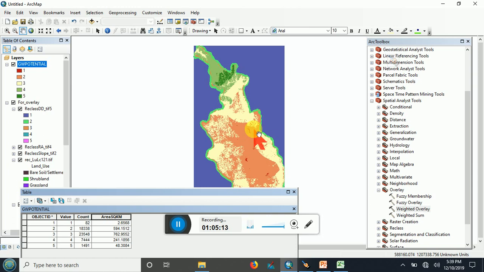But like I said, these GIS and remote sensing techniques apply not only for determining groundwater potential zones, but also if you want to analyze drought index of a certain area, or if there is a flooding problem in a certain area.